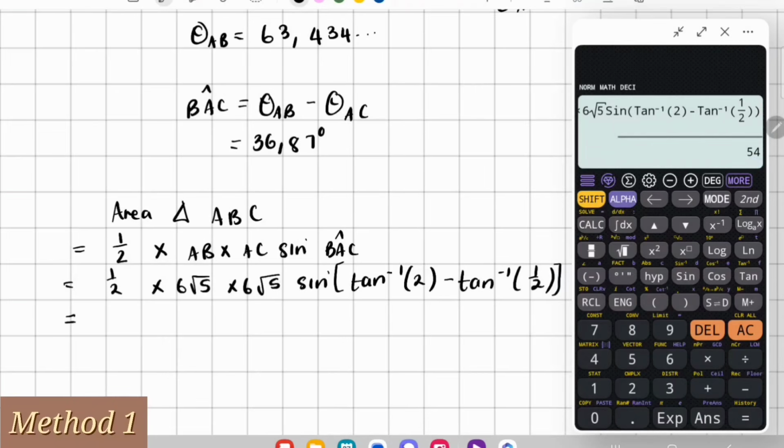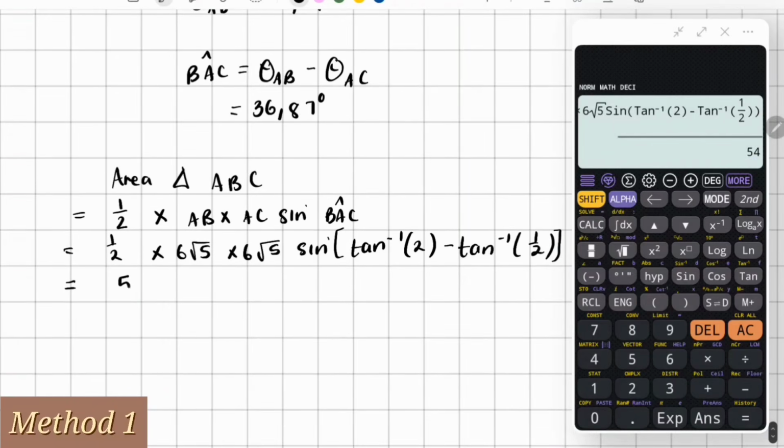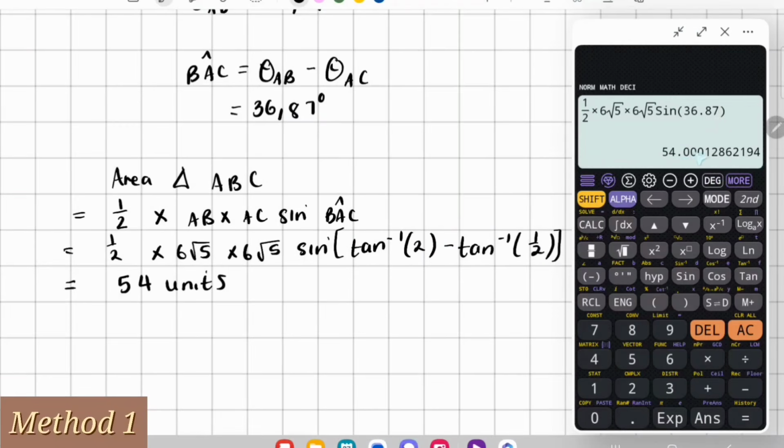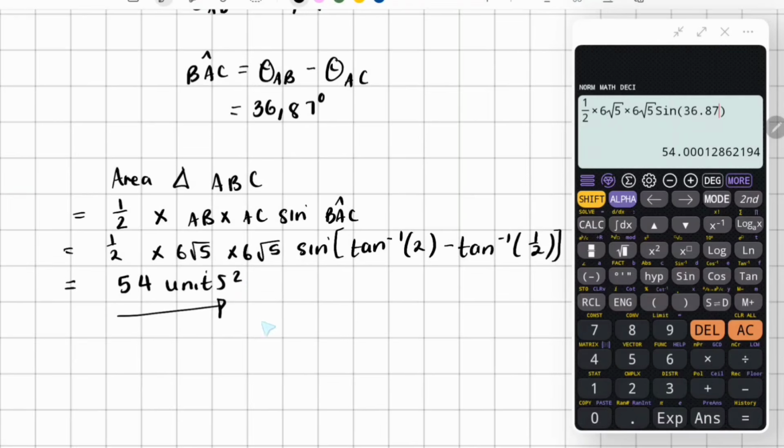And we get 54, so it means that it is 54 units squared. I think if we rounded off, it would have affected it. If we use this angle instead of putting all of this in, it would have just given you a rounded off answer. It wasn't going to affect it that badly because you would still have known this is 54 units. So that is the way to find that 54 units squared.